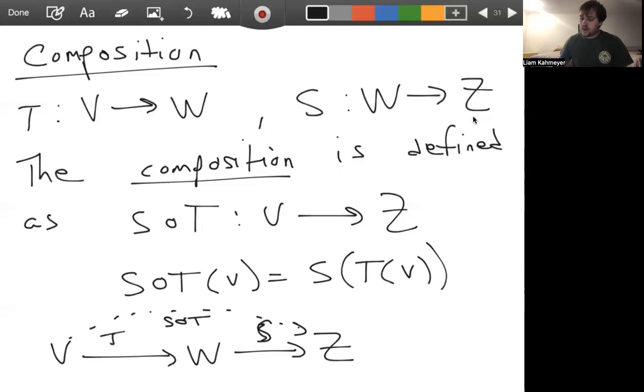Okay, so that's composition. And remember, we also have the notion of an inverse.